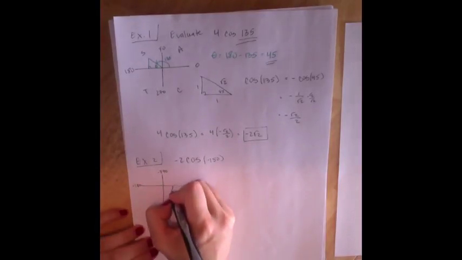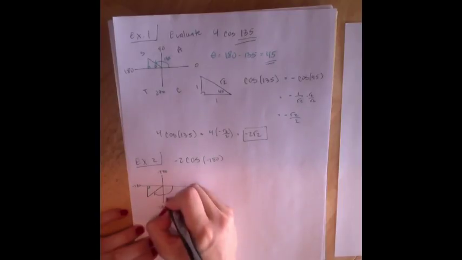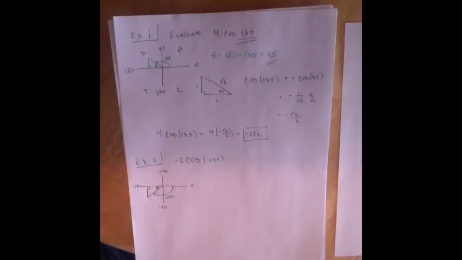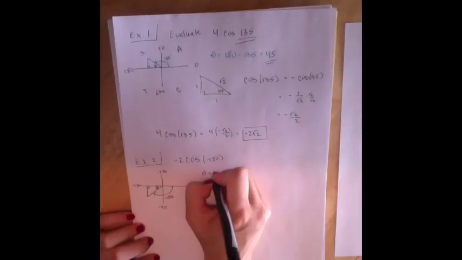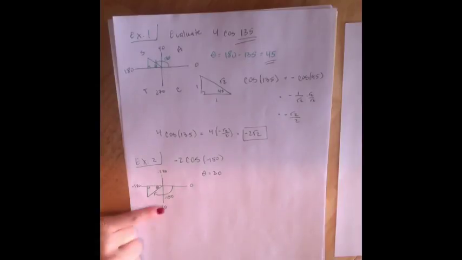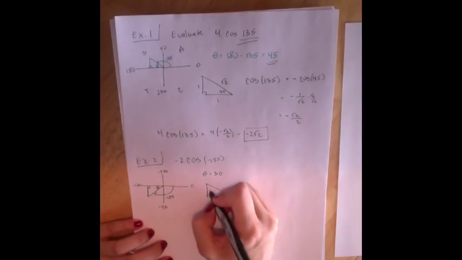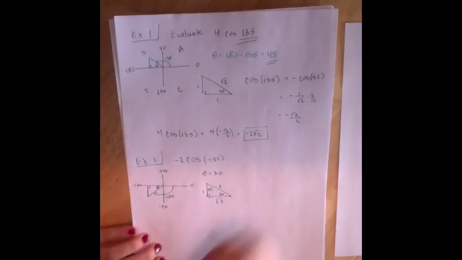So negative 150 puts me right here. And I'm looking at my related angle, which is this acute angle here. And I know that that is going to be 30, 180 minus 150. So this little triangle here is my 30, 60, 90, which I have root 3, 1, and 2.